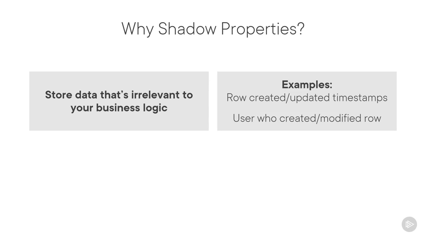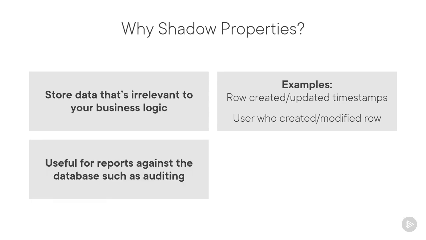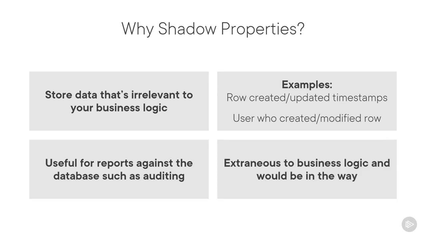For example, you might want to keep track of when rows were created or updated, or even what user created or updated that row. This is really useful information when you're running auditing reports against the database. But if you had those properties in every single one of your classes and they have nothing to do with your business logic, they will just constantly be in the way. So this is a nice solution that the EF Core team came up with.